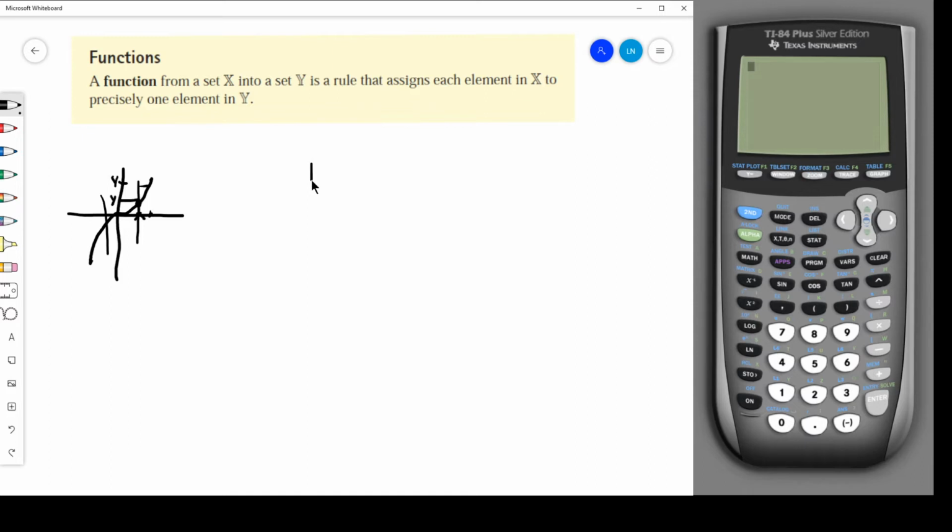If you compare that to something that's clearly not a function, let's say we do this, then that rule of functions doesn't hold, because I can pick an x value here that I can trace back to more than one y value.